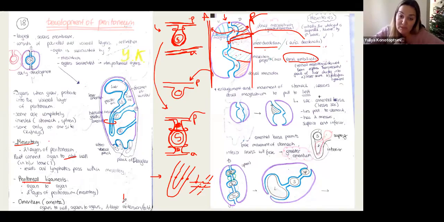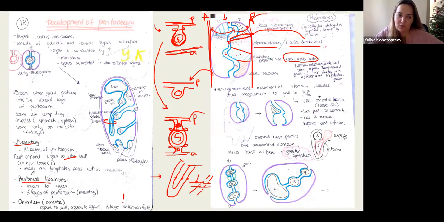So to be considered omentum, you have to fold back, right? From the stomach to the transverse colon right here. So this is going to be the greater omentum, true fold of four layers. Lesser omentum consists of two ligaments, hepatogastric and hepatoduodenal ligaments.